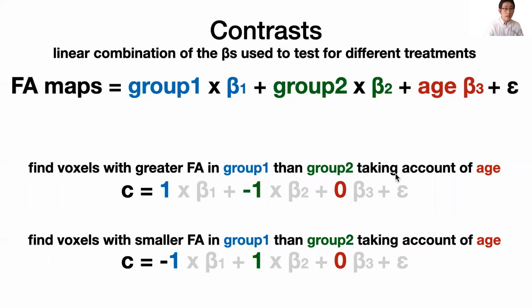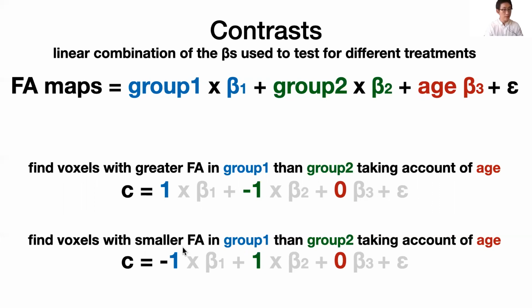And then in the contrast, by adding 0 in the spot for the age column, we can take the effect of age out from the group comparisons. So this time we are saying find the voxels with greater FA in group 1 compared to group 2, taking account of the age. Okay, it's quite simple.